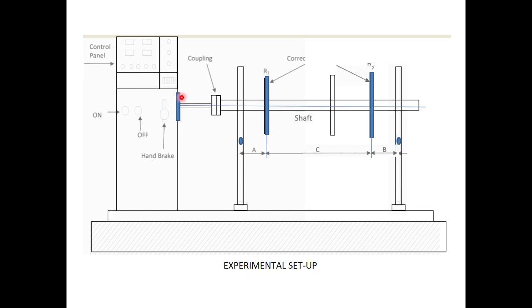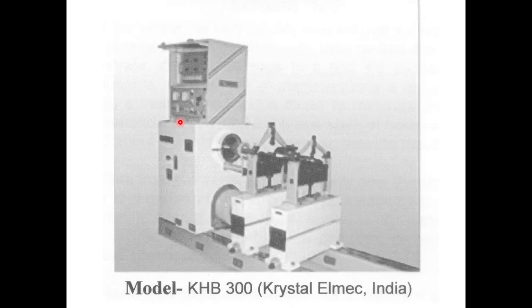This is 0 to 360 degrees. Here we have marking 0 to 360. Understand this circle? It is fixed on the body of this drive unit. And on this protractor, we have a marking. This is an arrow. So this arrow is the zero position.